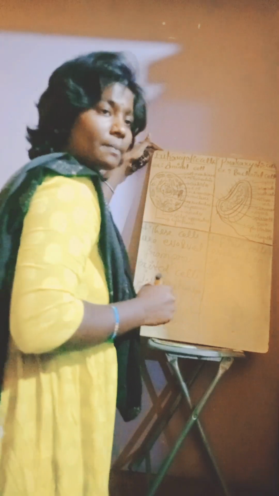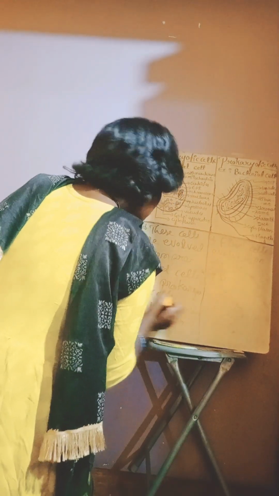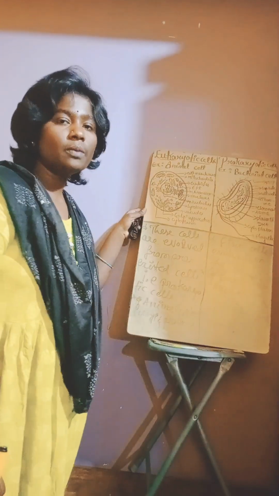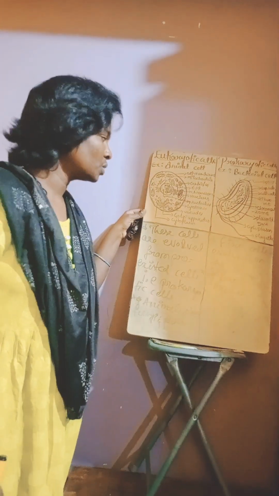The examples for prokaryotic cells are bacteria and archaea. So these are the major differences between the eukaryotic cells and prokaryotic cells.